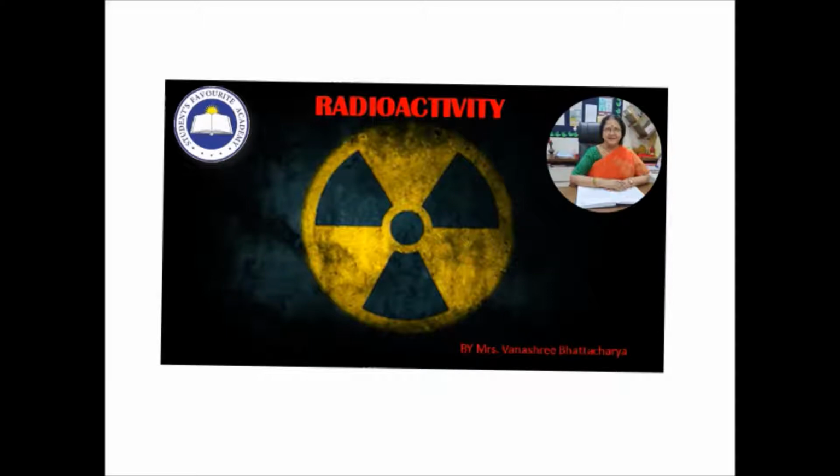Now, before I go actually explaining to you what is radioactivity, let me brush up your previous knowledge because that will be very useful to you in understanding radioactivity. So, you already know, children, you are aware of the definition of atomic number, right? You remember this?